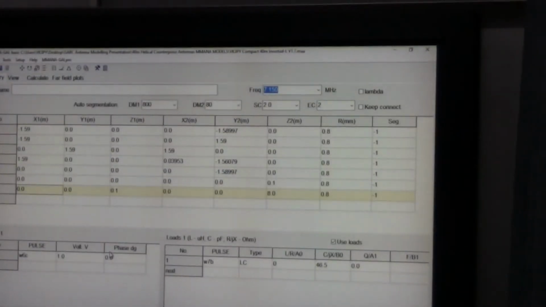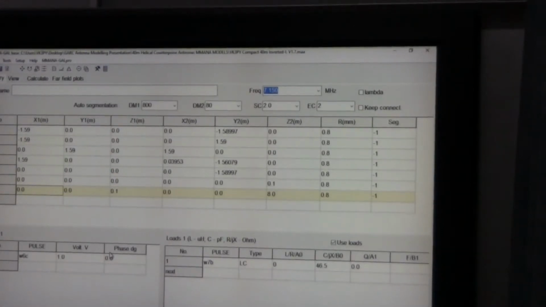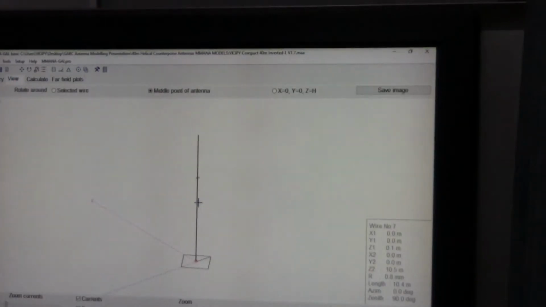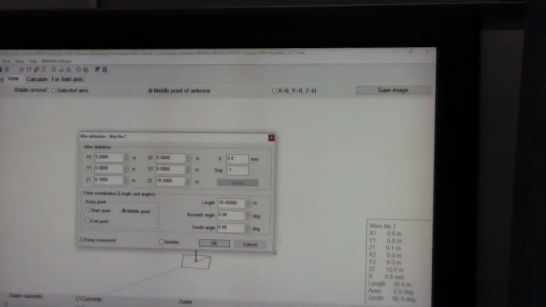What I did was I changed its length, and when you change the length from that particular function, it actually makes it longer at the top and longer at the bottom. I just want to make it longer at the top. So I'll change it here. Z2 is the height, so let's make it 10.4. So that's better.